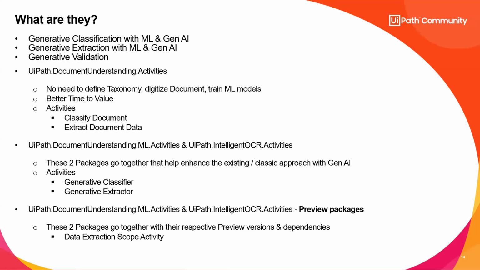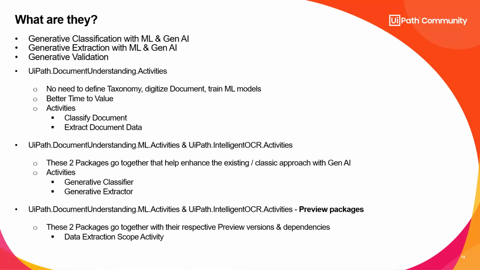So these are the features that I'm going to cover: the generative classification, extraction, and validation with ML and Gen AI. The first package that I have listed here is the newest of the packages. Using this package, you will not need to define any taxonomy, no need to do the digitization, and no need to train any ML models. This is very simple, and it just has two activities: classify document and extract document data.